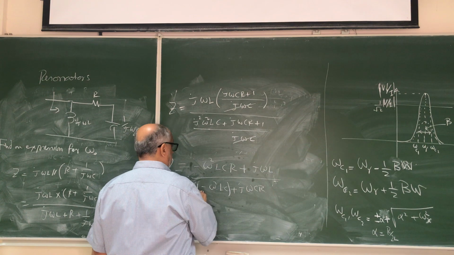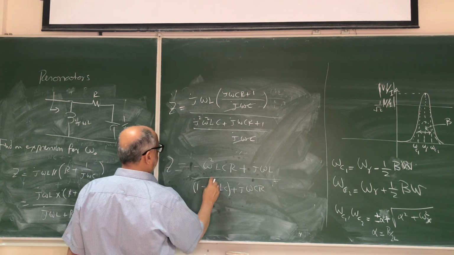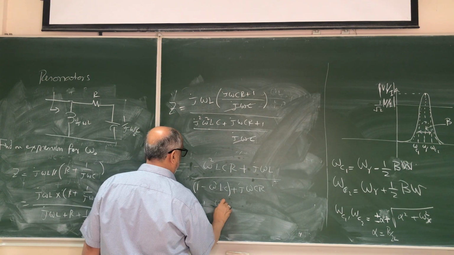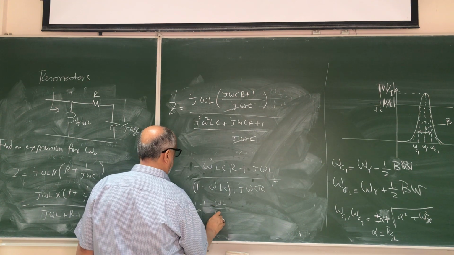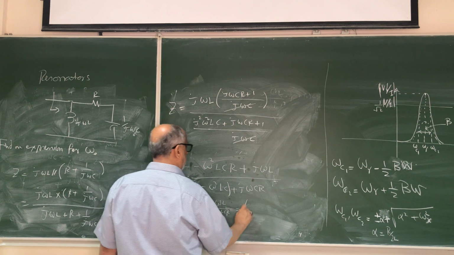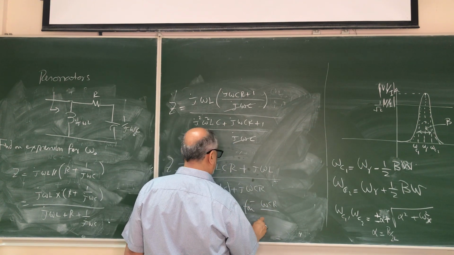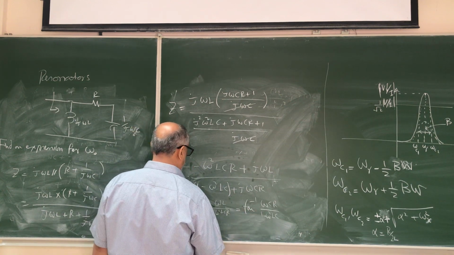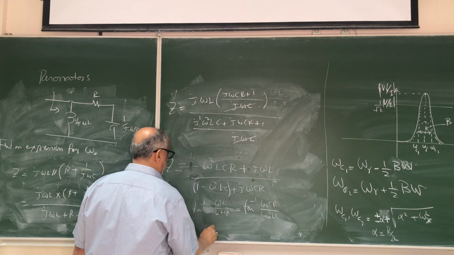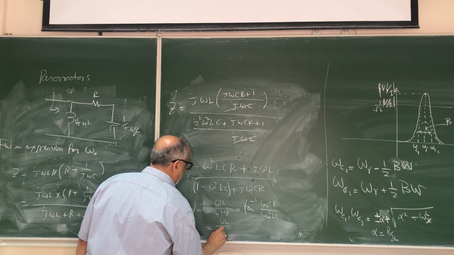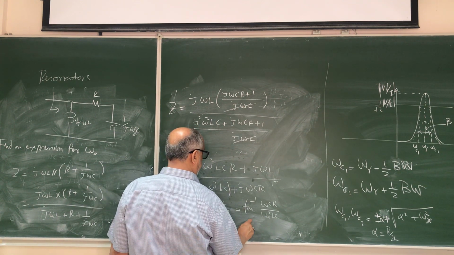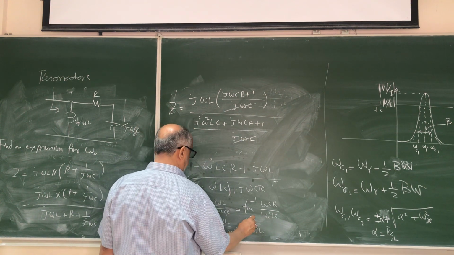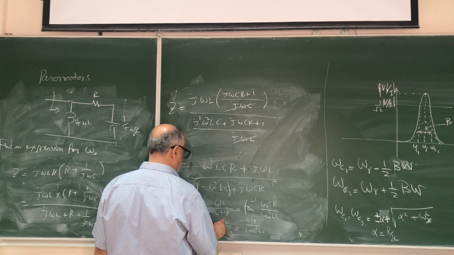Case number 1: tan inverse of omega L over minus omega squared LCR should equal tan inverse of omega CR divided by 1 minus omega squared LC. Or we can remove tan, then we have omega L over omega squared LCR equal to omega CR divided by 1 minus omega squared LC. This L will drop this L, and so on.